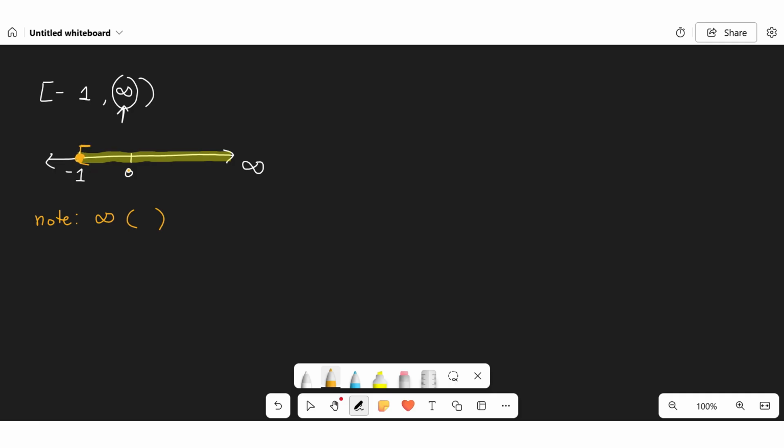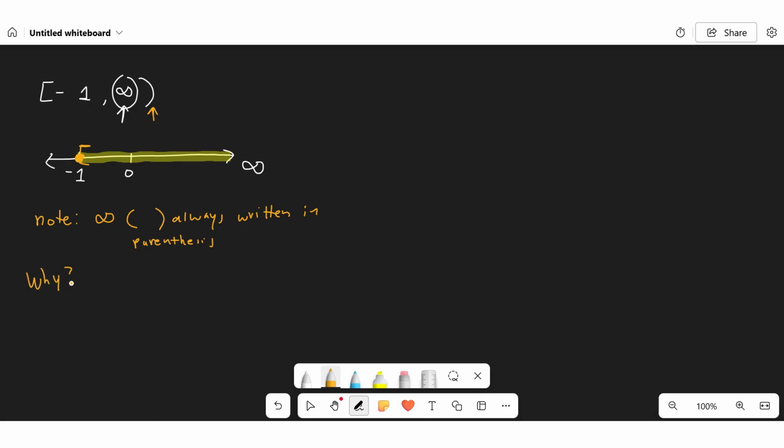But what about infinity? Since it's parentheses, are we including infinity? Well, that's a very interesting question because infinity is always written in parentheses. So infinity is always written in parentheses, and let's ask the question why.